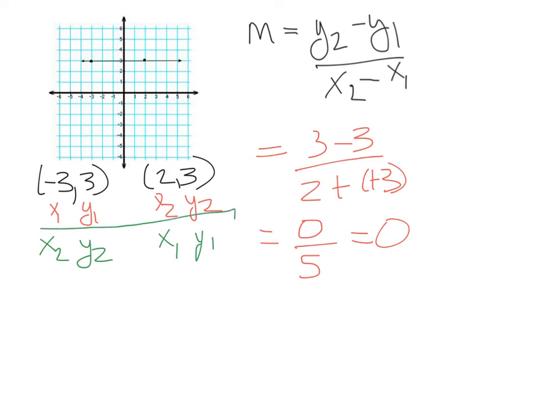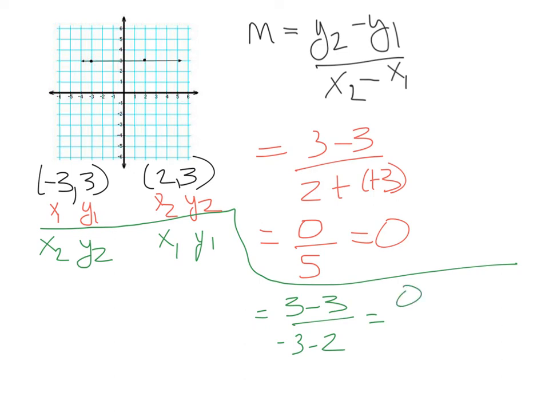And honestly, when we do this, it should be clear that we will, because we're still going to say 3 minus 3, and now we're saying negative 3 minus 2. 3 minus 3 here on the top is still going to be 0 over negative 5. And 0 over anything is always 0.